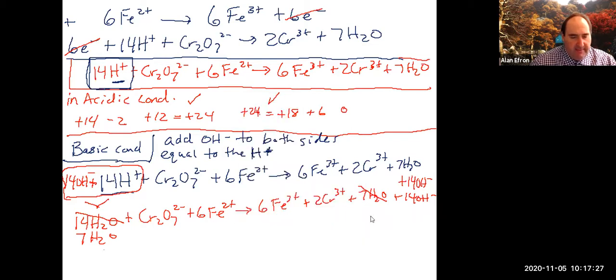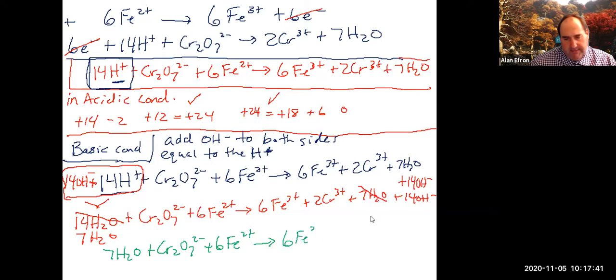So we should have 7 waters plus our Cr2O7 2 minus plus our 6 iron 2s, our 6 iron 3s, plus our 2 Cr3 plus, and we are left with just 14 OH minus.